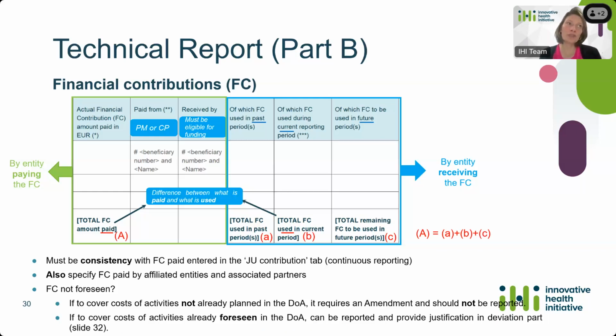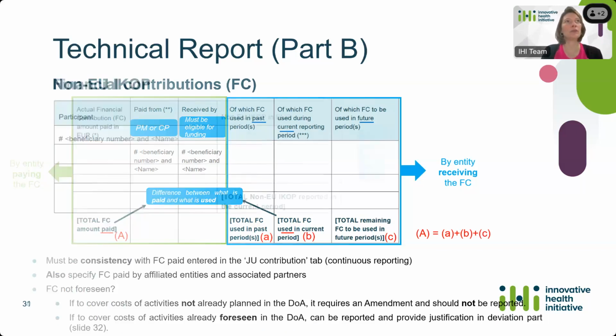While if the financial contribution is to cover cost of activities that are already foreseen in the DOA, then it can be reported, and then you will be requested to provide a justification in the deviation part, which will be explained by Calliope in a minute.